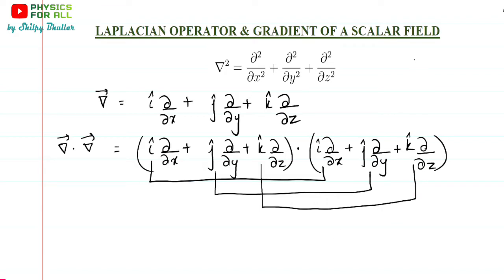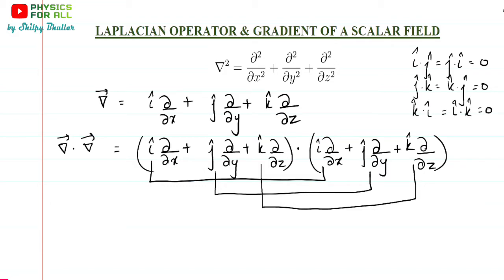Because i cap dot j cap or j cap dot i cap would give you 0. Similarly, j cap dot k cap and k cap dot j cap also give us 0, and k cap dot i cap and i cap dot k cap also give us 0. So we need not show all these products because we know they are going to be 0. It's only when we have i cap dot i cap, or j cap dot j cap, or k cap dot k cap, that the answer obtained is 1.